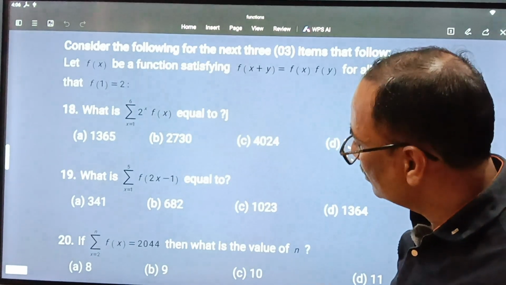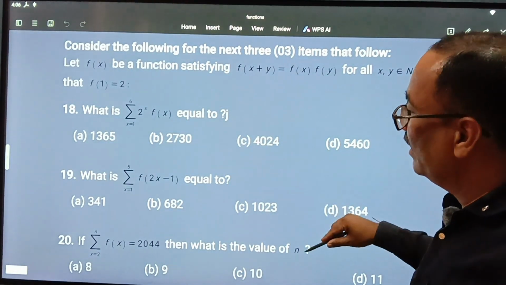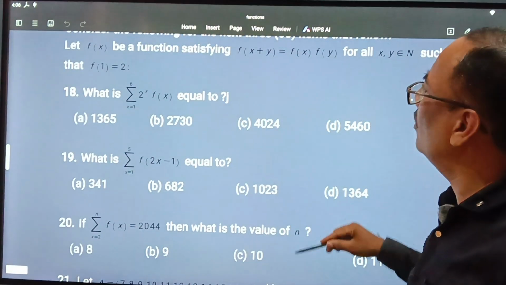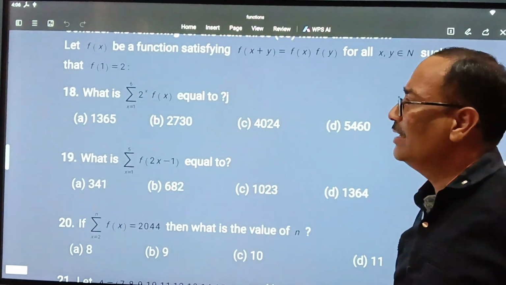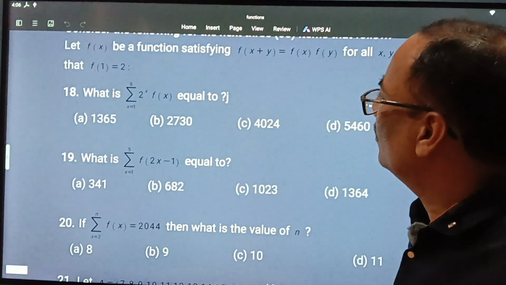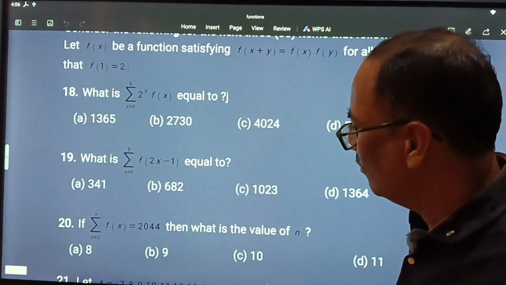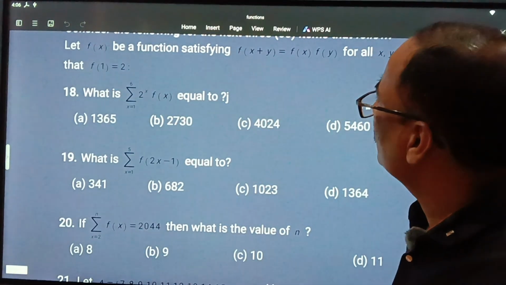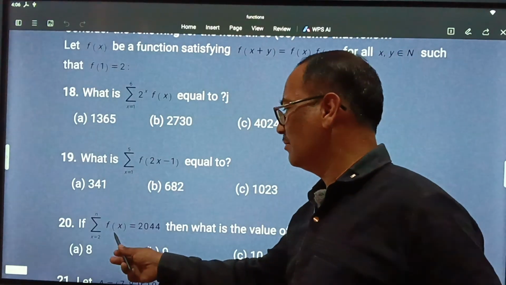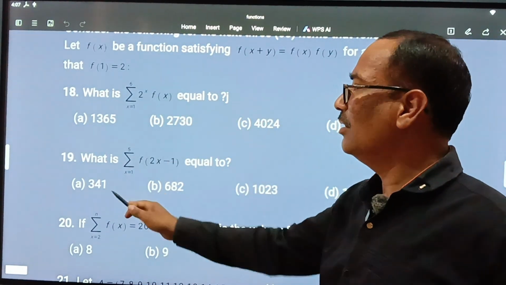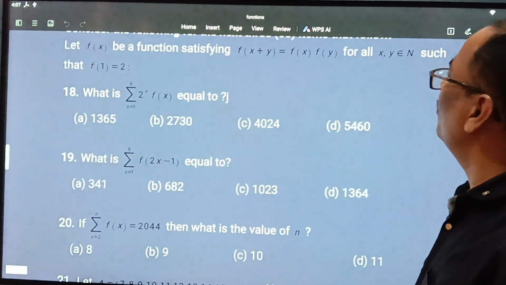Three questions are related to this. First of all, we have to find f(x), because if we find f(x), then we can solve all 3 questions.